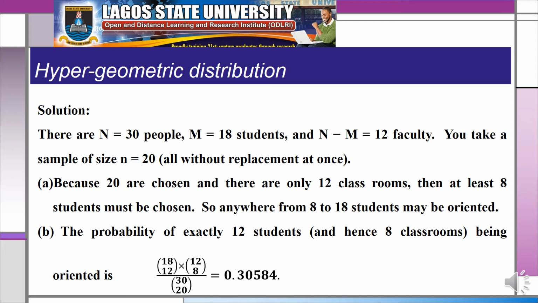Answering part A: because 20 are chosen and there are only 12 classrooms, then at least 8 students must be chosen. So anywhere from 8 to 18 students may be orientated. B. Using the hypergeometric formula for calculating probabilities, the probability of exactly 12 students and hence 8 classrooms being picked is 0.30584.